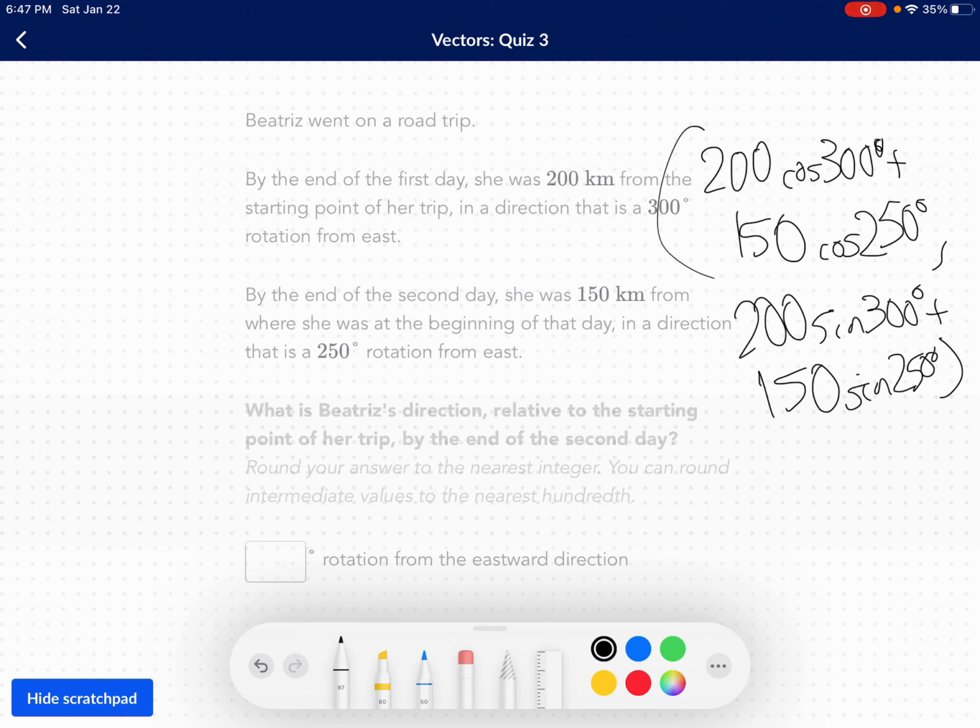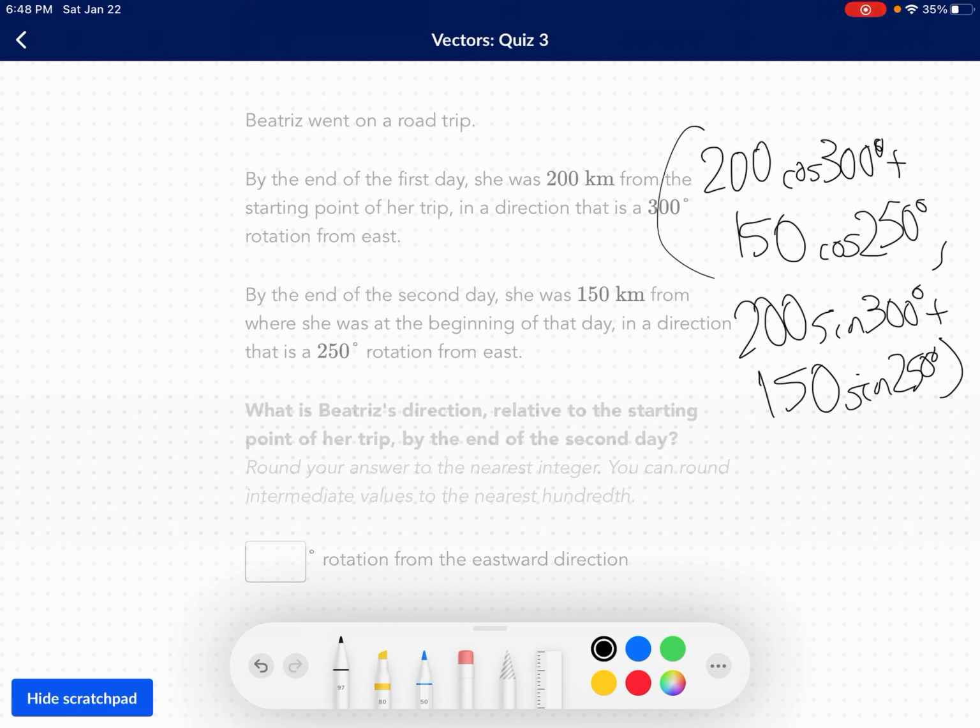And then we take the inverse tangent of the y component over the x component. Inverse tangent of negative 314.1589739 over 48.6969785 gives approximately negative 81.18.